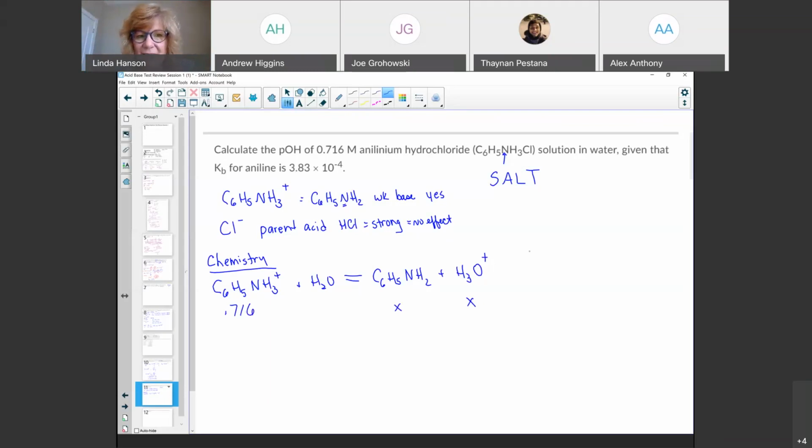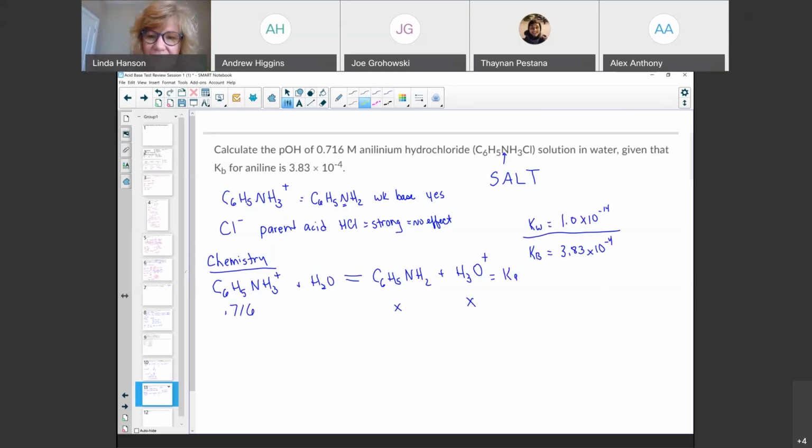Interesting is that I'm given a Kb for this problem. However, when I make an acid solution, this needs a Ka, right? Anytime I have hydronium in solution, I have to convert the Kb into a Ka, which is easy enough to do by using the Kw for water. We know that that expression can convert one into the other. So Ka is needed.